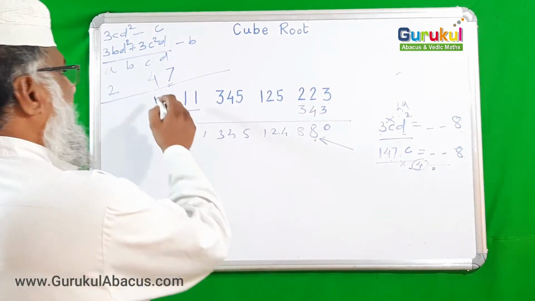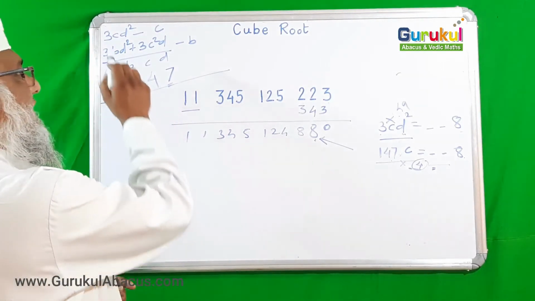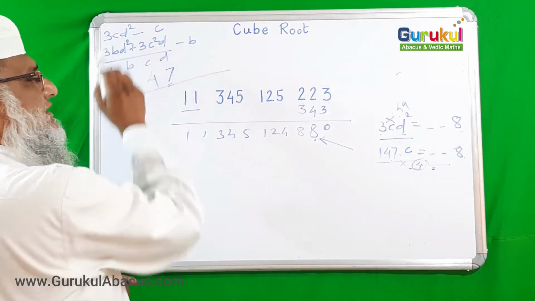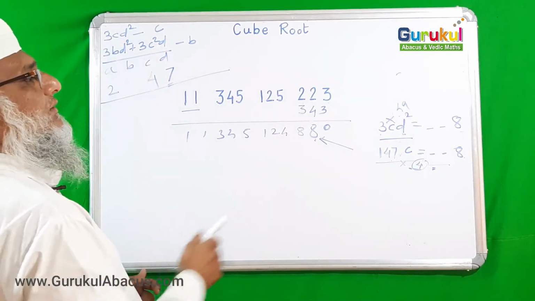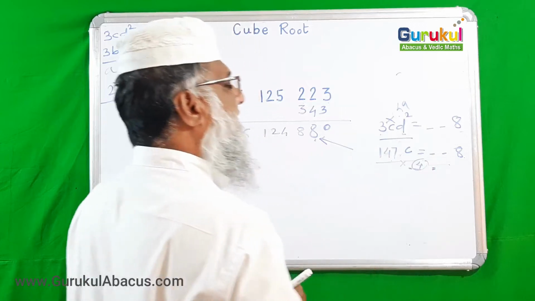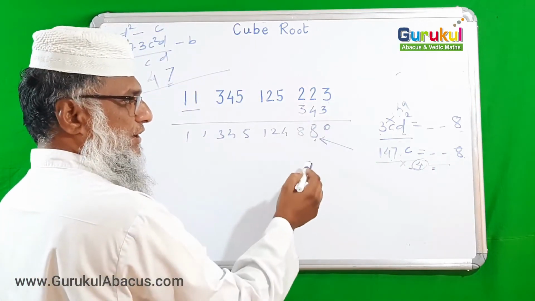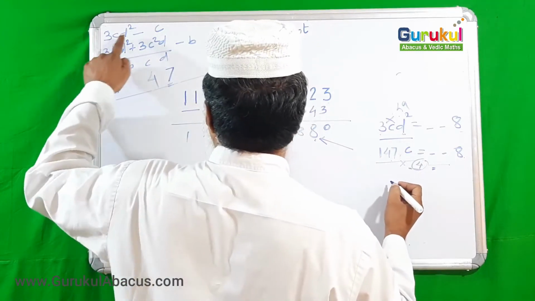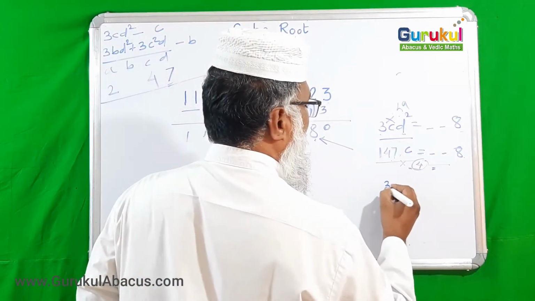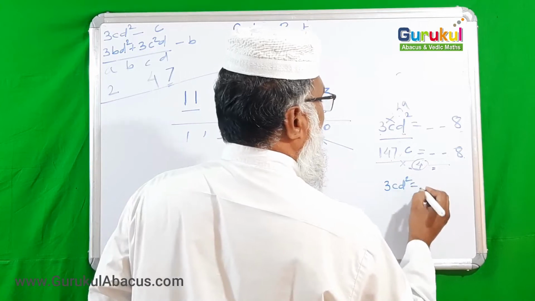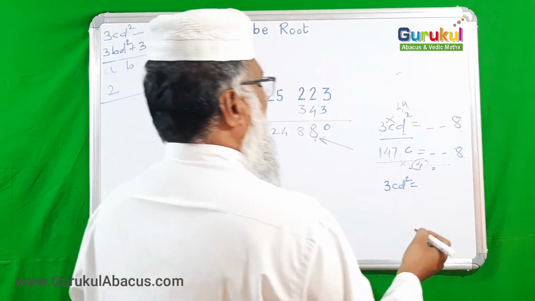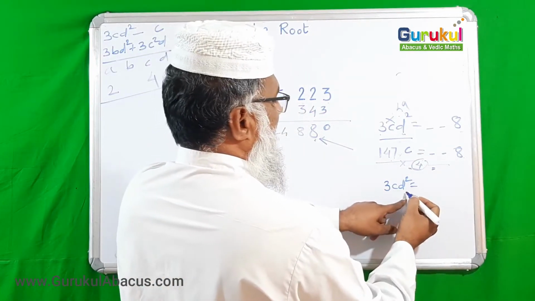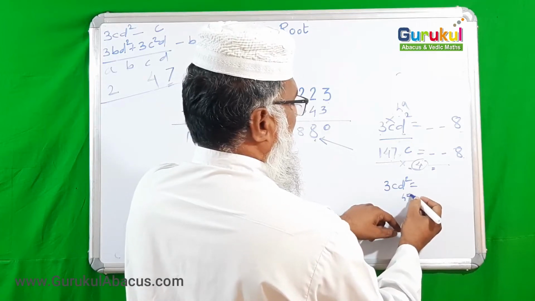Now with the help of the value of C, we can firstly find 3CD square, because we need that value and we have to subtract it, so we are finding 3CD square. Just put the values in it, so it would be easy. D square is 49.